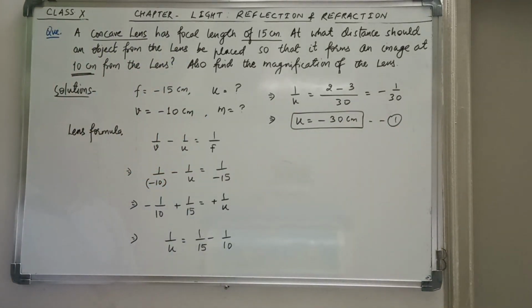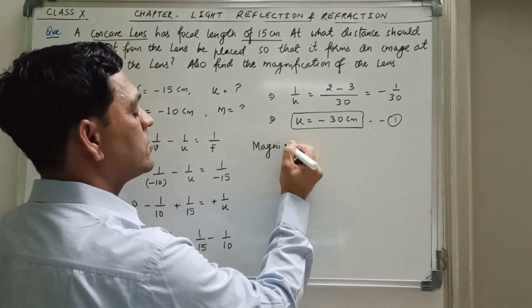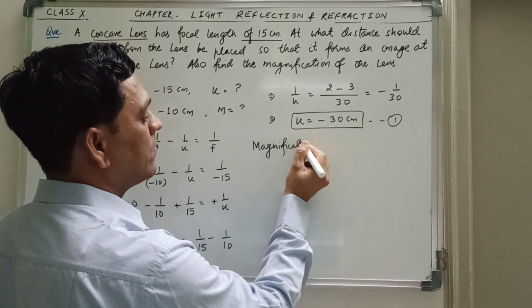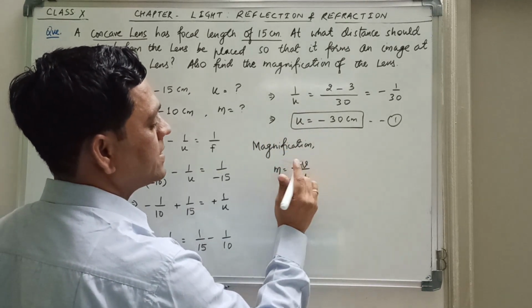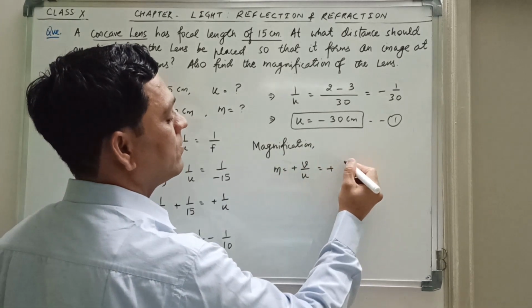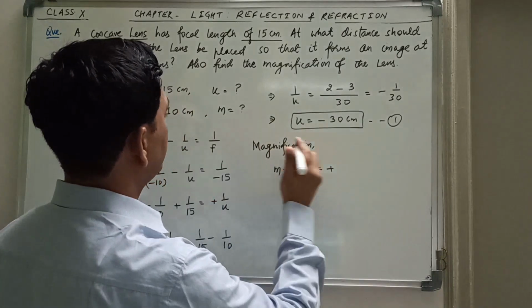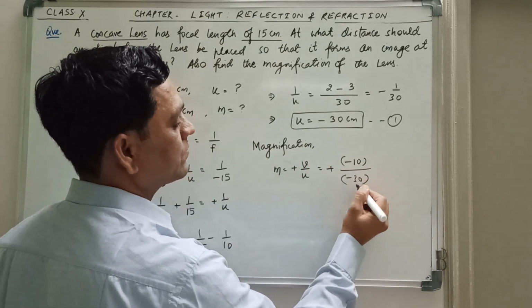Then they are asking you what is magnification of the lens. Then we know the formula for the magnification also. So the formula for the magnification will be m is equal to minus, no it's not minus, it's plus v upon u in case of lenses. So this is plus of v is minus 15, sorry minus 10, and u is minus 30.